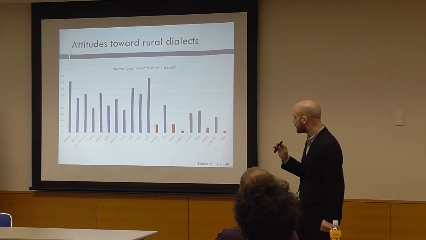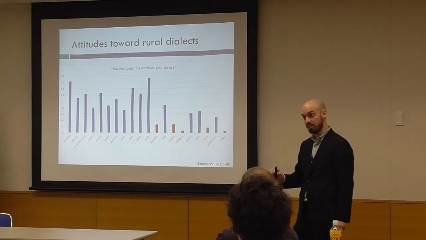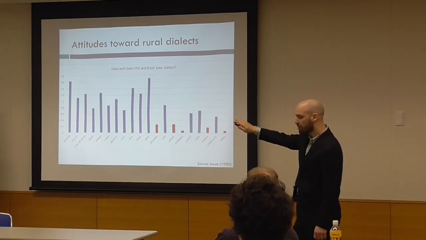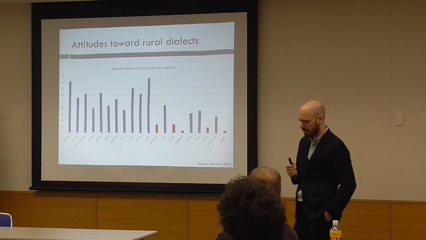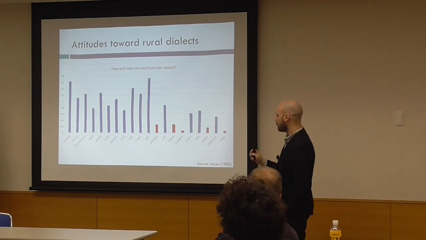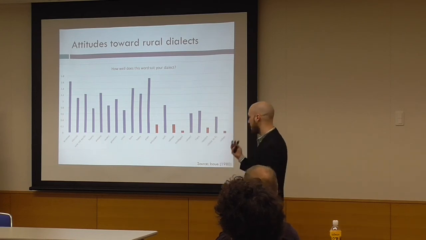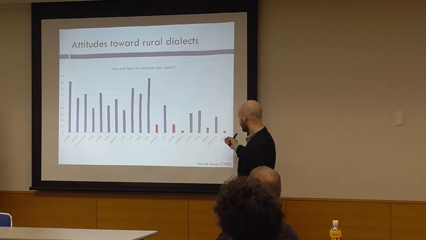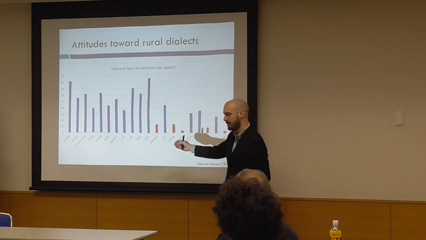It has changed a little bit. This particular dialect is still considered to be very unintelligent. The general shape of the graph hasn't changed. What has changed is some of the associations. For example, when this original study was done, the connections between the words were interpreted in such a way that not urban equals not modern equals unintelligent equals inarticulate.